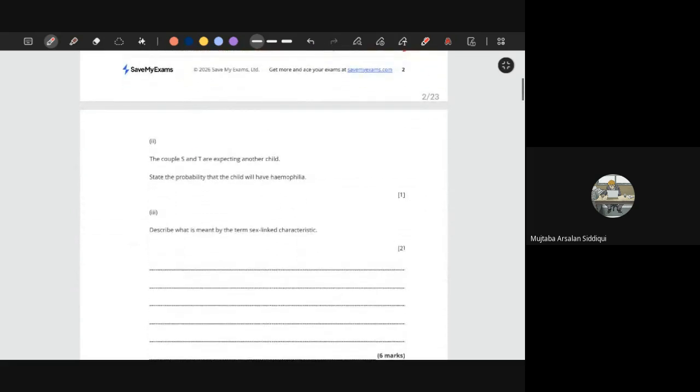The couple S and T are expecting another child. State the probability that the child will have hemophilia.